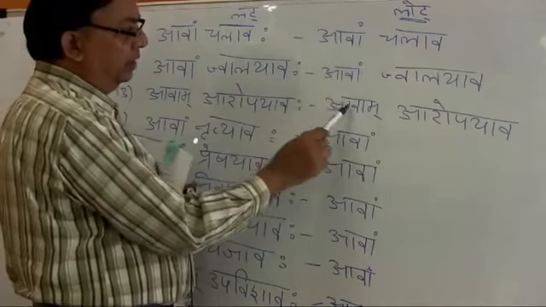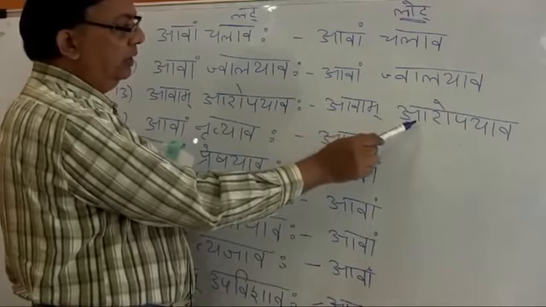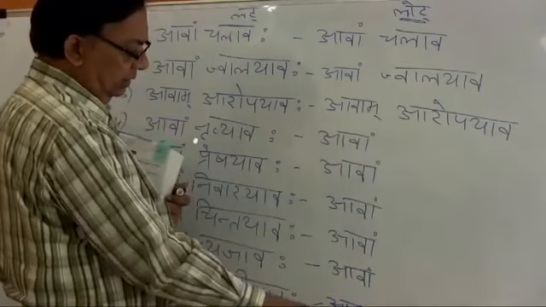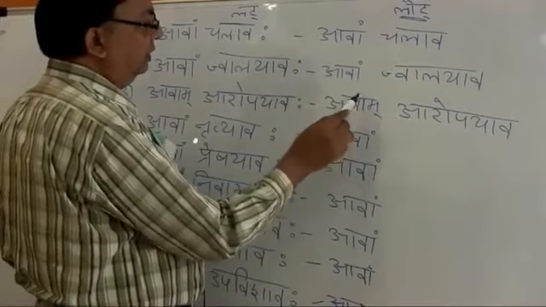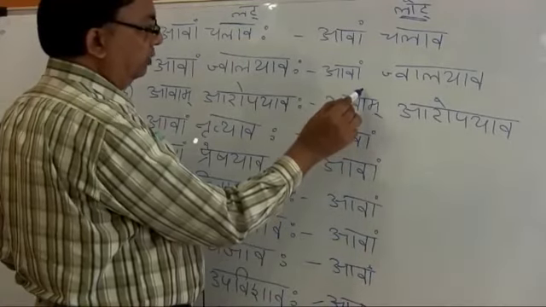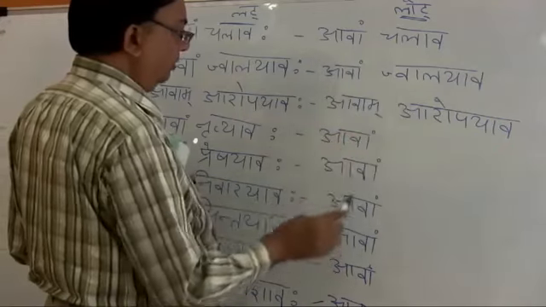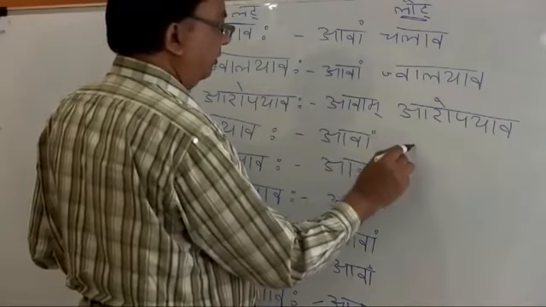But here avam ma is completely written out because it is followed by a vowel. Whenever a vowel follows, you can see that in sentence 19 also. So it will be a simple mistake to write avam in the above manner. So avam aropayava. Then the 14th one, avam nrutyava.